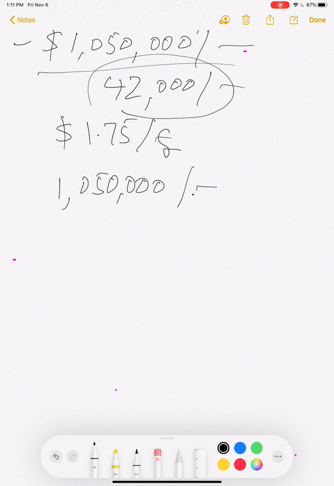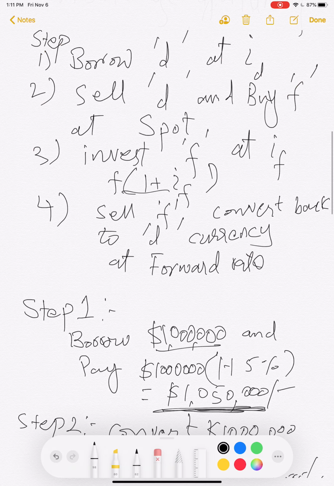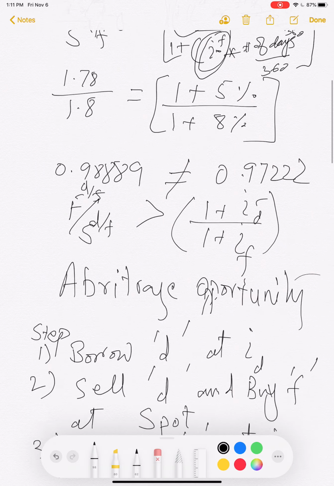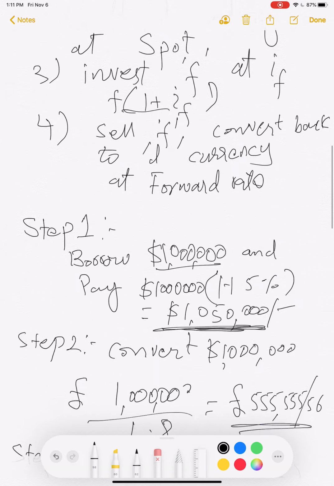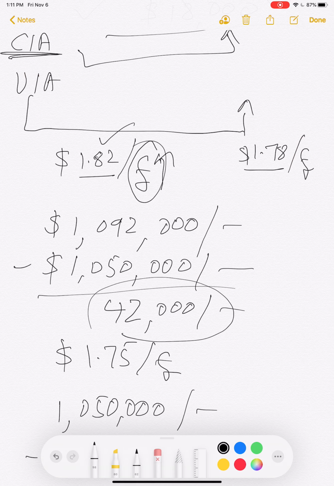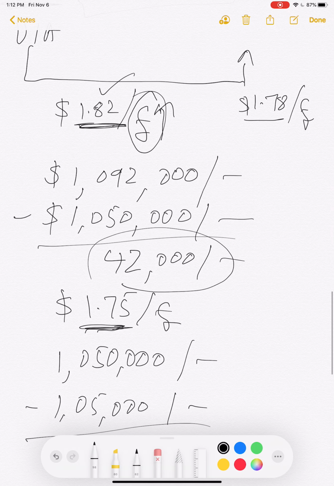So after paying your principal and interest back to your lender, you are getting back zero. All these efforts have gone to waste, and there was no reason to go through all these steps and make the investment. So this is the situation of uncovered arbitrage, where the pound may appreciate or depreciate compared to the forward rate, so you remain uncertain.